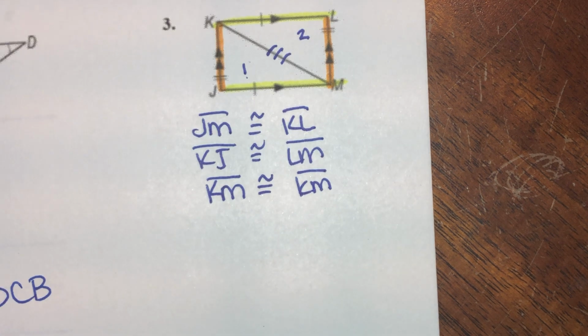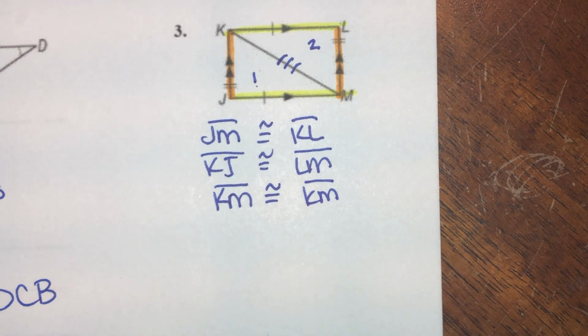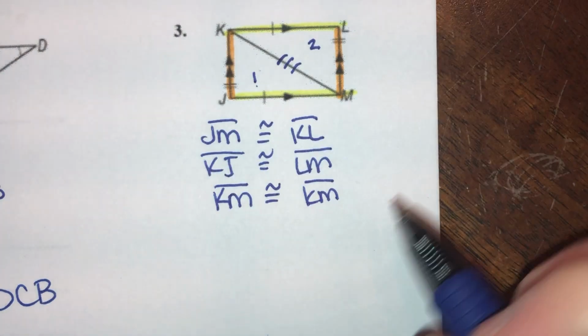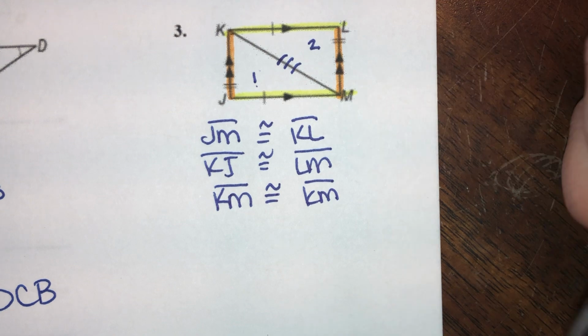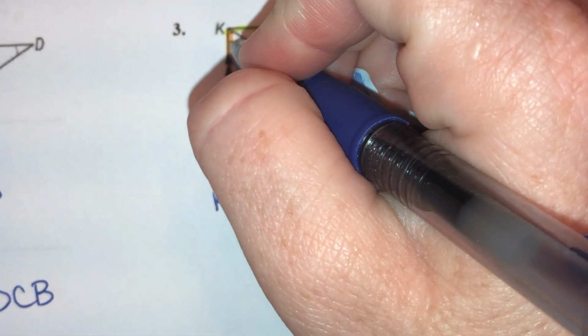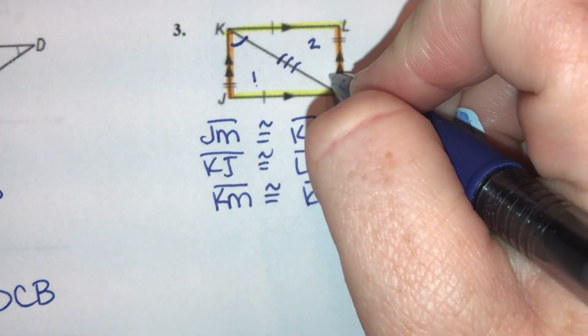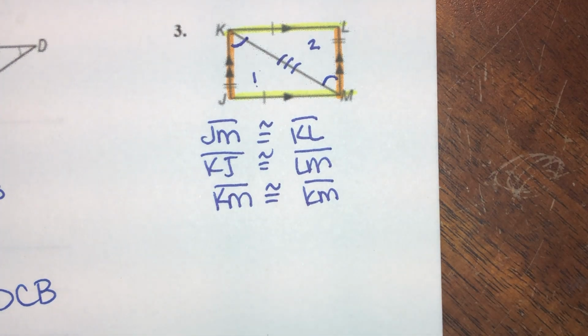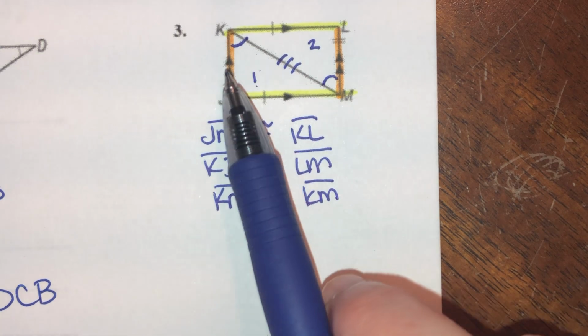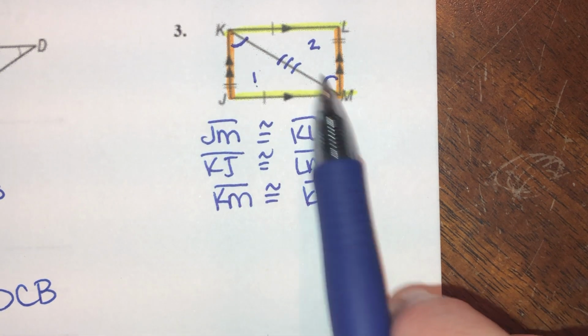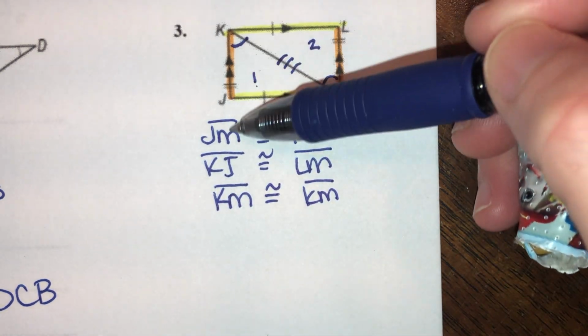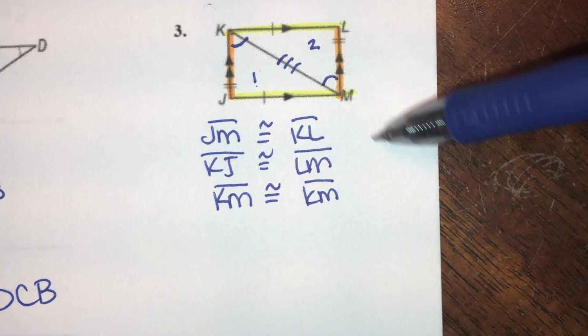Okay, then lastly, we have to go over all of our angles. Okay, well, I don't know, right? Well, I'm going to go ahead and look at my two orange parallel lines and say that this angle is congruent to this guy. Now, I don't have to give a reason when I say they're congruent, but I know that they're congruent because these are alternate interior angles. They're made by parallel lines cut by a transversal.